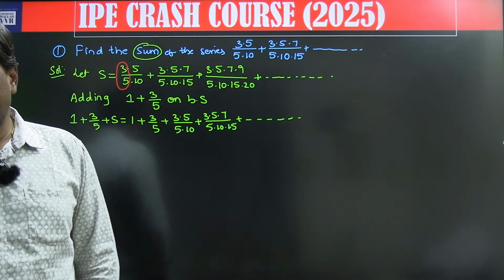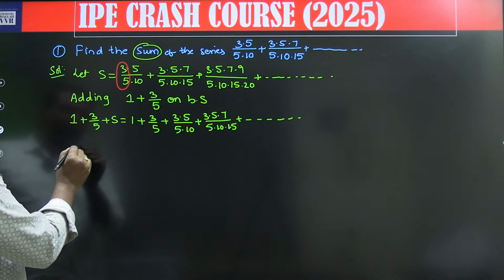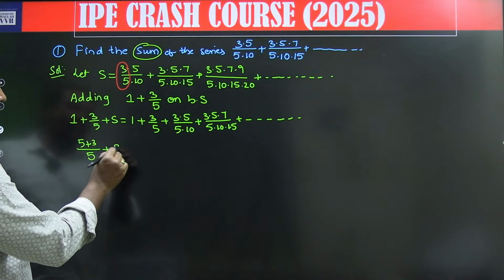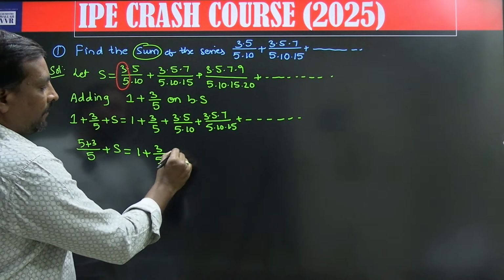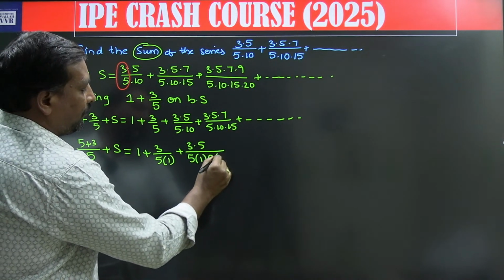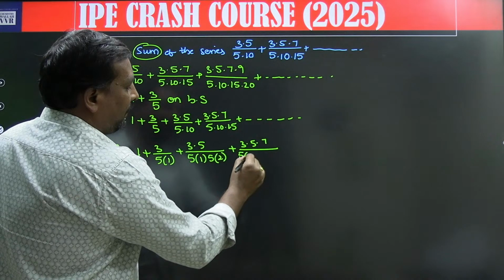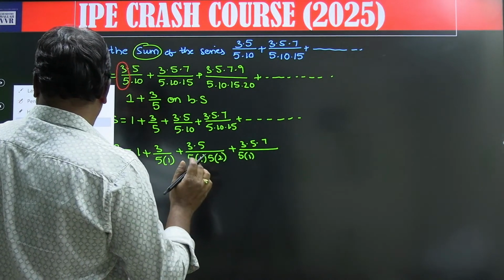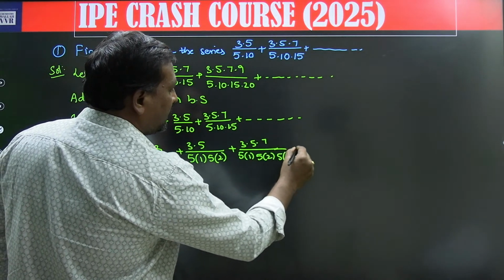Here the LCM is 5. 5 into 1 is 5 plus 3, plus S equals, I am writing 3 by 5 into 1 plus 3 into 5 by 5 into 1 into 5 into 2 plus 3 into 5 into 7 by 5 into 1 into 5 into 2 into 5 into 3 plus and so on.